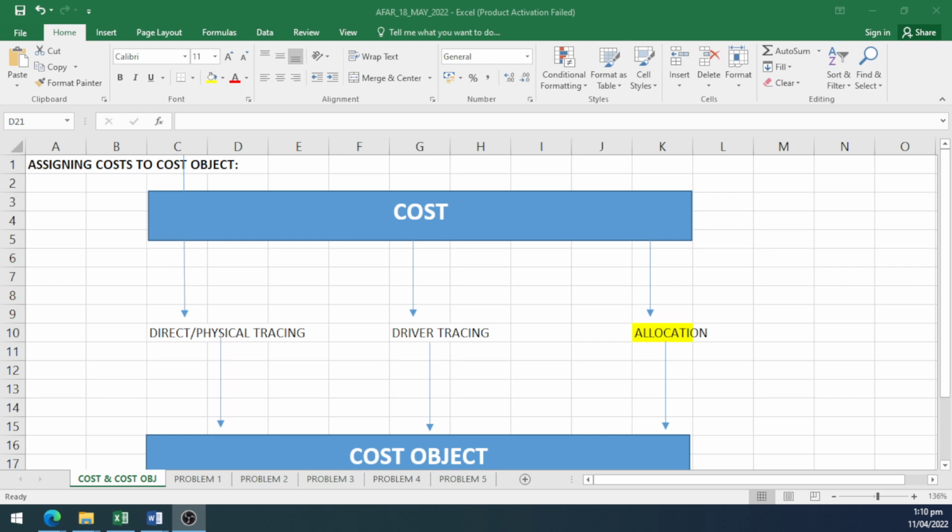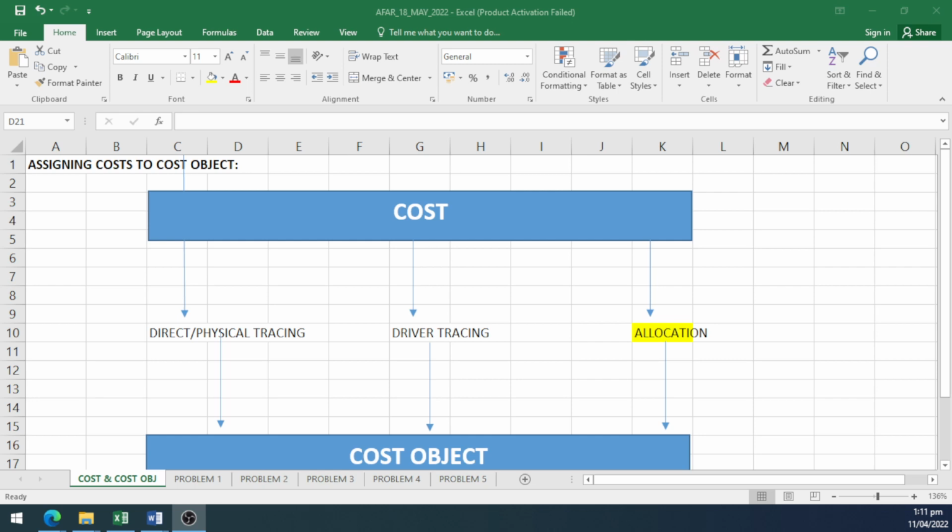And that is the case of direct materials. The direct materials that form an integral portion of the product can be directly traced to the cost object. So that is simply assigned by direct tracing or physical tracing.